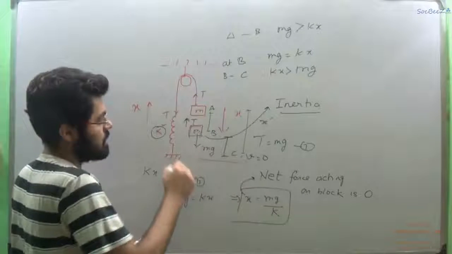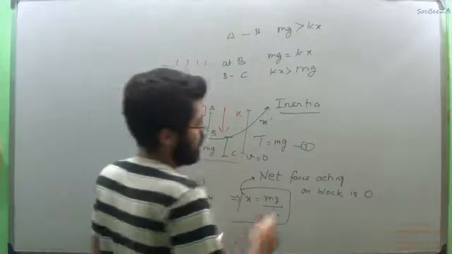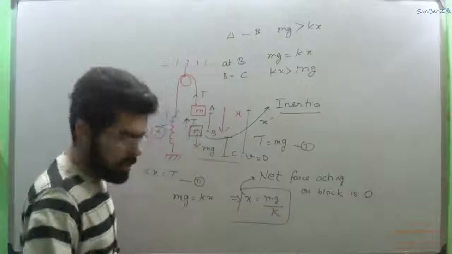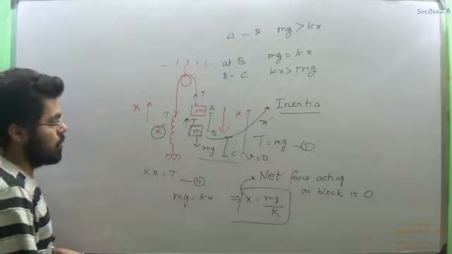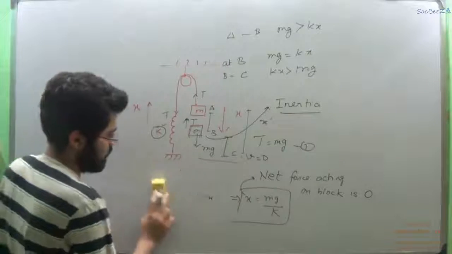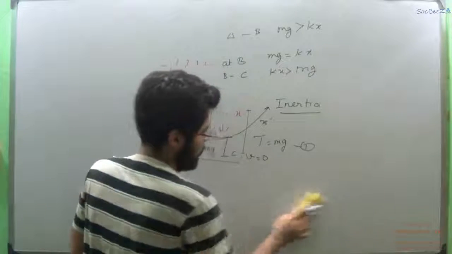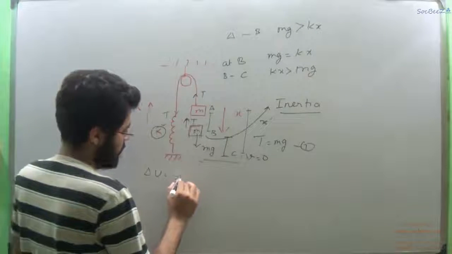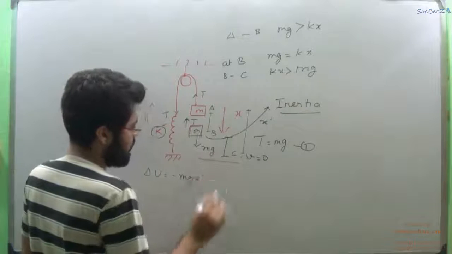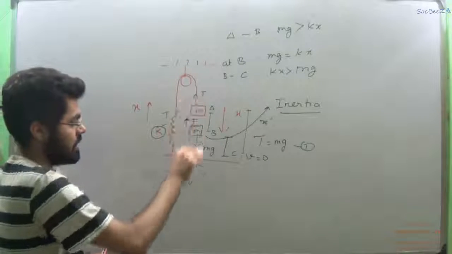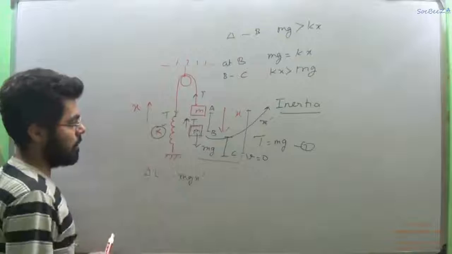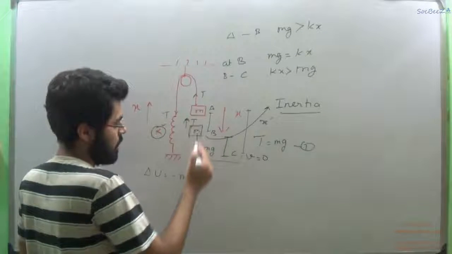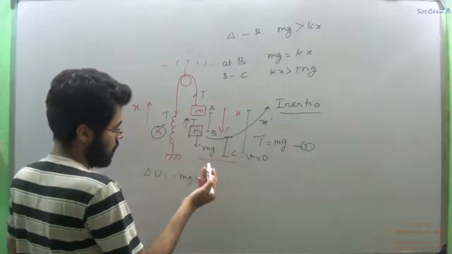Then since it has moved a distance x dash, the change in potential energy, delta U, is minus mg x dash. Minus, why? Because the block is going down, its potential energy is decreasing. And initial kinetic energy was 0, since we started from rest. Final kinetic energy is also 0.